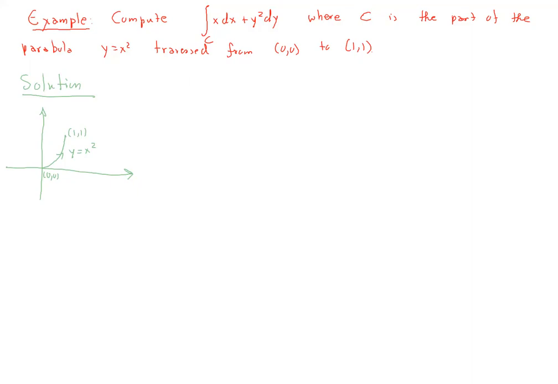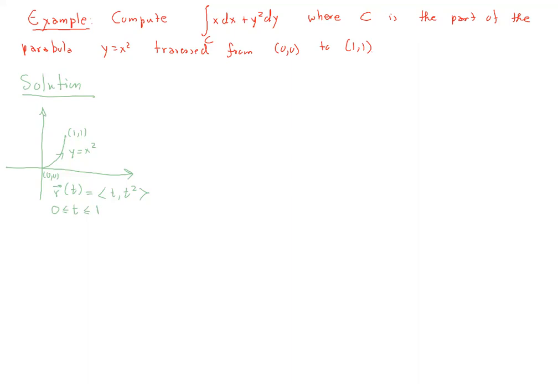And one of the things that we're going to need is a parameterization for this path. This path is part of a graph. Every graph can be parameterized by t, comma, f of t, where f happens to be the function, the underlying function that gives rise to that graph. So we can take r of t here to be t comma t squared. x squared is the underlying function, and t goes over the interval over which this graph is defined, so from 0 to 1. So here's your parameterization.